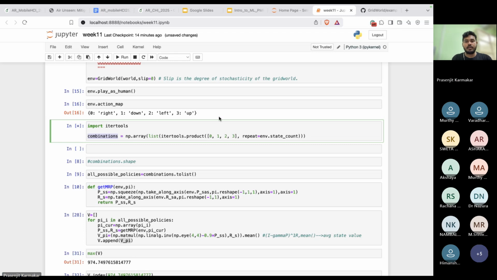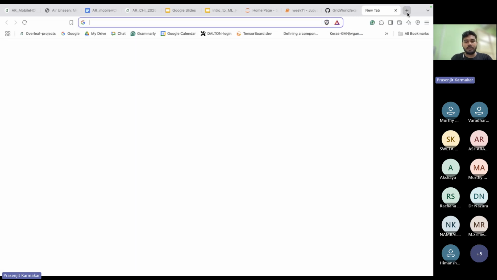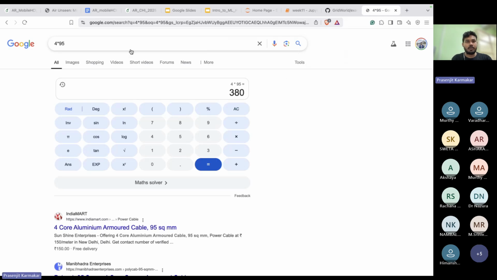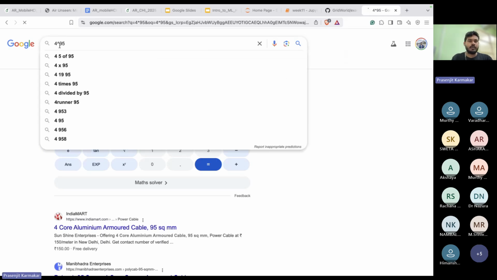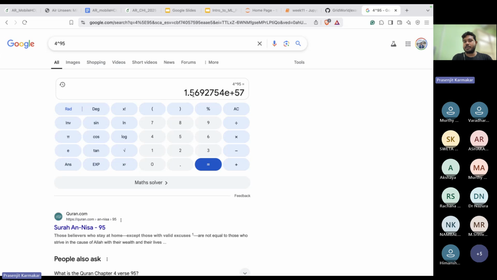I don't think we can compute it here. You can take four values at any of those states, so 4 to the power 95 would be the number of possible policies.